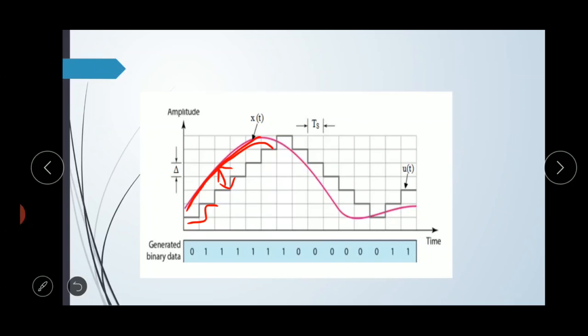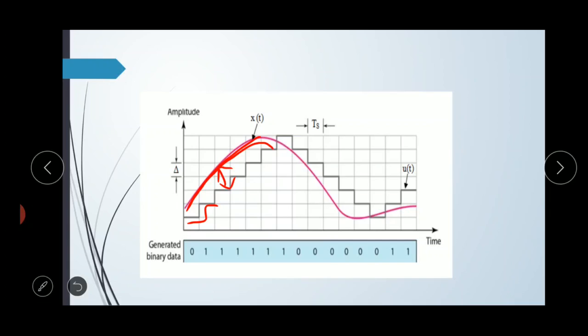Next is the granular noise. Granular noise occurs when the step size is too large compared to small variations in the input signal. This means that for very small variations in the input signal, the staircase signal is changed by a large amount because of large step size.